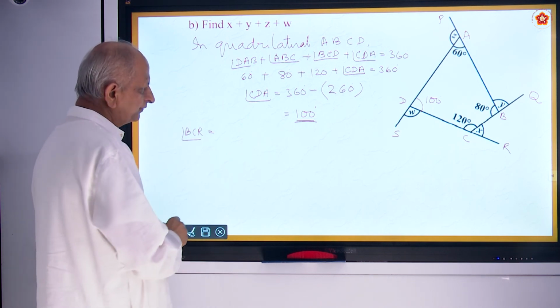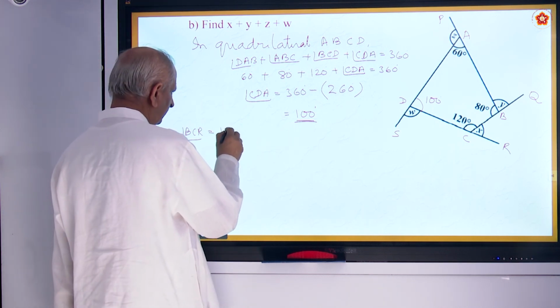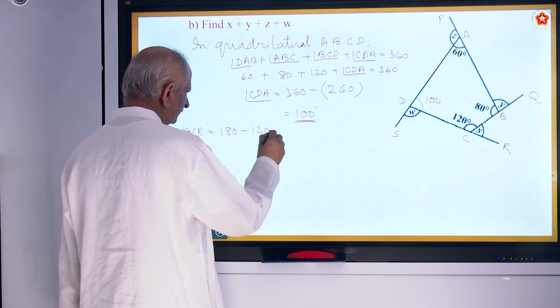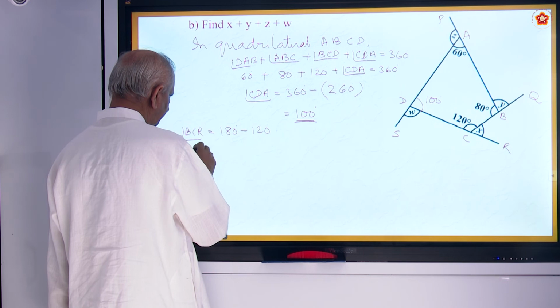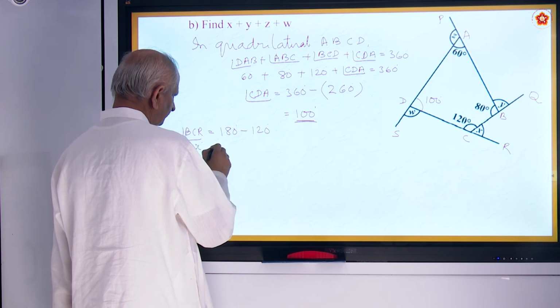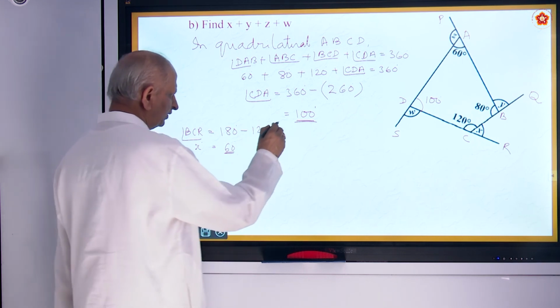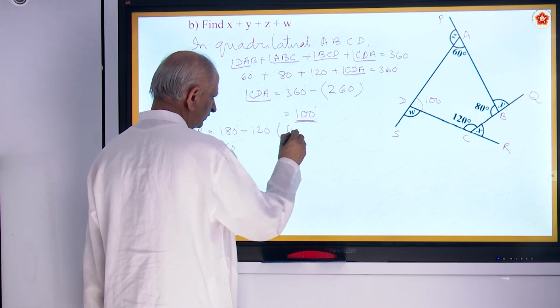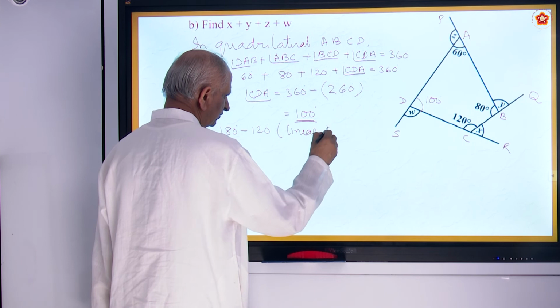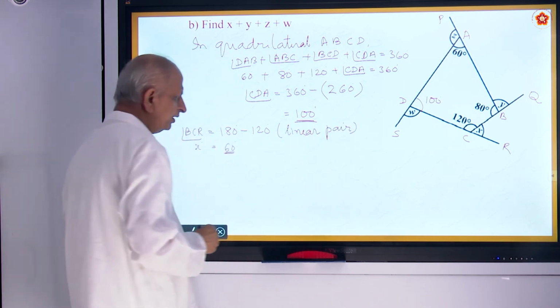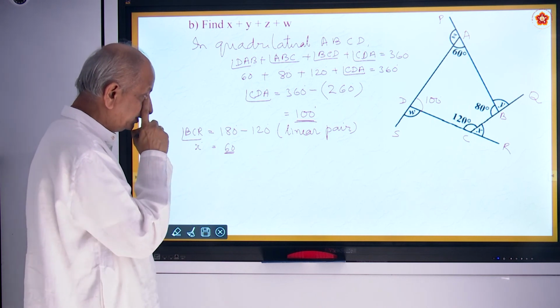BCR is equal to 180 minus 120. That you call X. It is equal to X, 60 degrees. This is called linear pair. What do you mean by linear pair? We also call it adjacent angles. Sum of the adjacent angles.